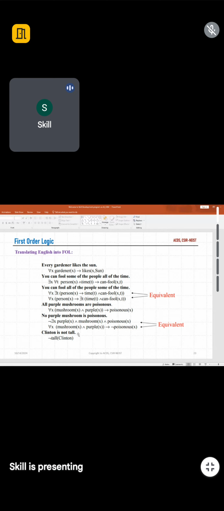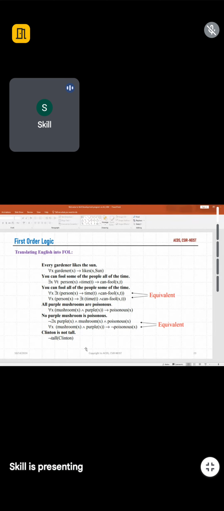And then one negation statement: Clinton is not tall. Directly we are using the negation symbol, tall(Clinton). So we are using a predicate here, and Clinton in brackets we can write. So after this, we will again see our previous arguments or statements, where we have seen that everyone enrolled in the university has lived in a dormitory.